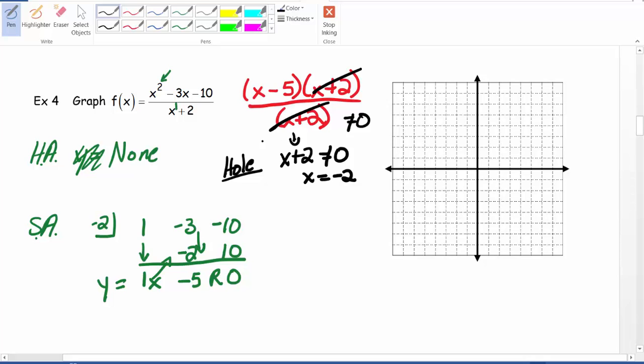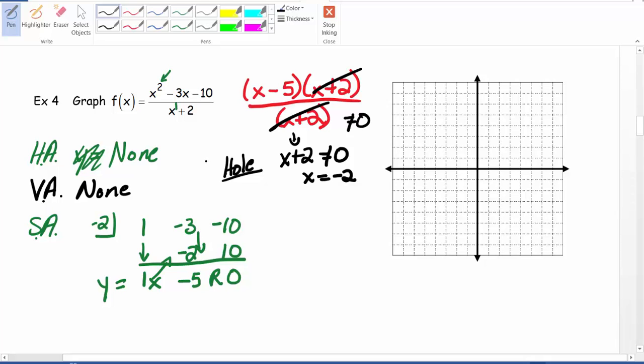Because there's nothing left on the bottom at all, we actually have no vertical asymptote. So this will be none. If there was like another binomial here, or x or something, like another variable, then maybe we would have that vertical asymptote. But because everything again did cancel out, there is no vertical asymptote left over.